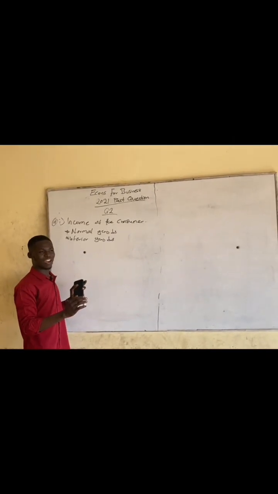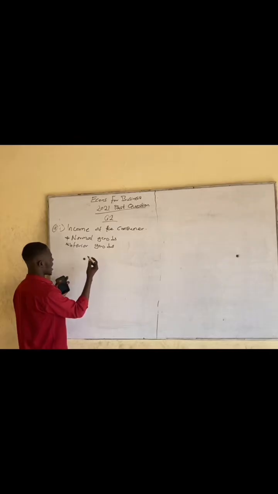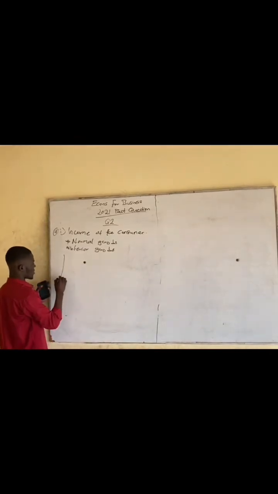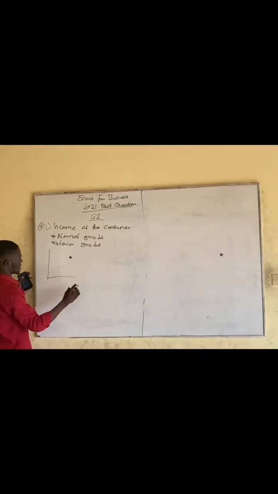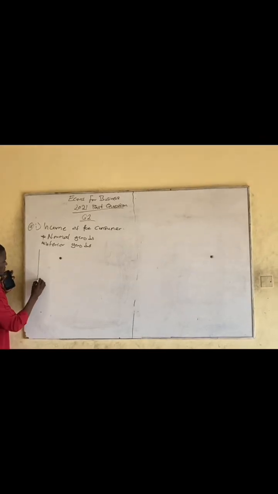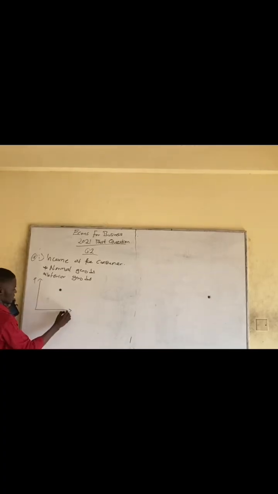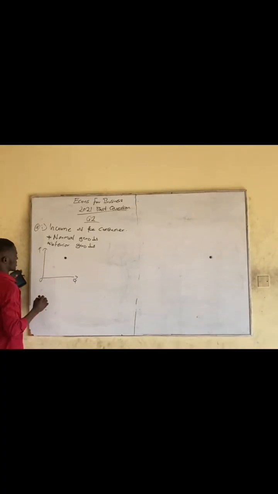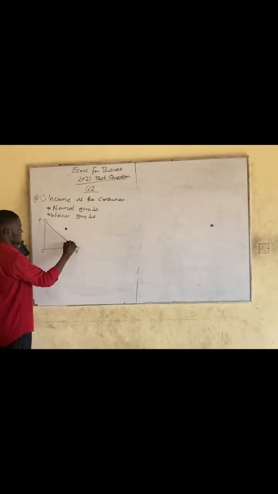You just draw a diagram, and then at the end you use the diagram to explain it. So here I'll draw the diagram like this. You indicate your price, your quantity, your 0, then this will be D0.